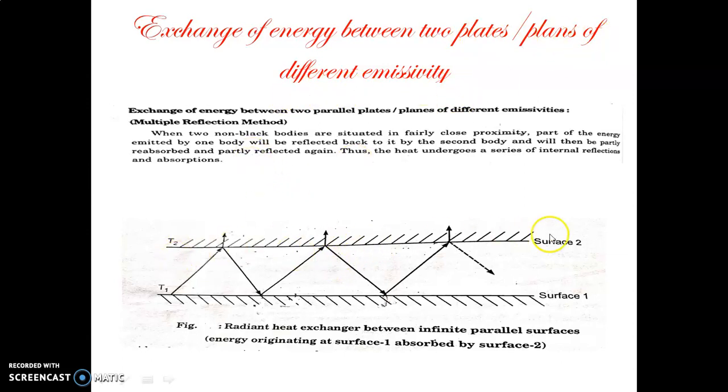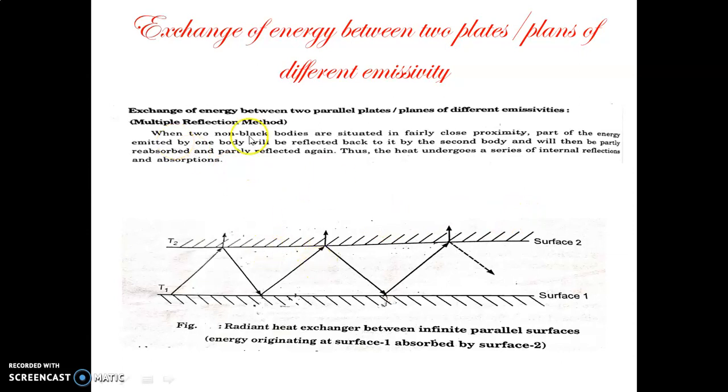If we look at this figure, there are two planes. These two planes are nothing but two parallel plates or two planes of different emissivity. Surface 1 is one plane, and surface 2 is the other plane or plate.